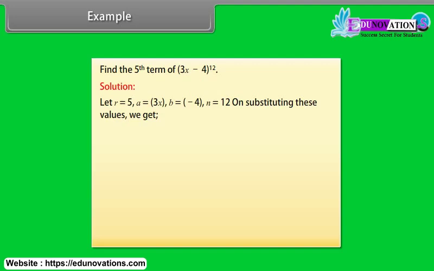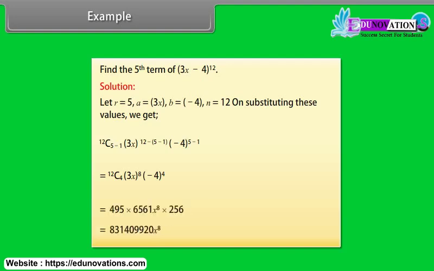On substituting these values, we get 12C(5−1) into (3x)^(12−5+1) into (−4)^(5−1). That is 3,14,09,920 into x^8.